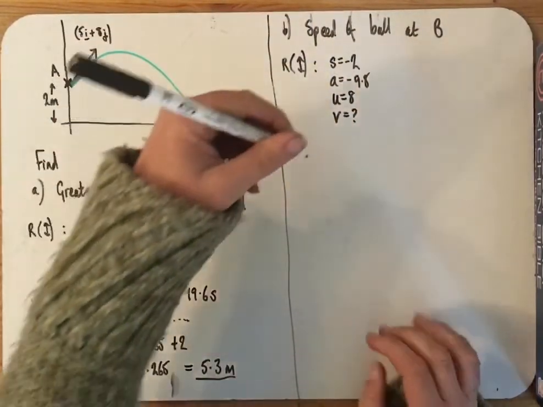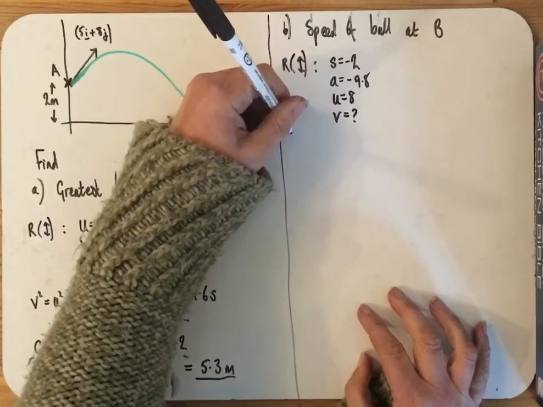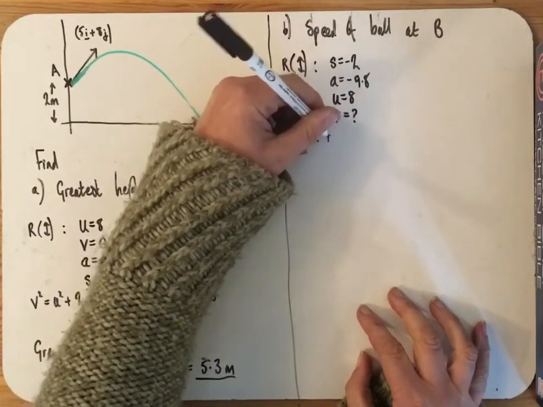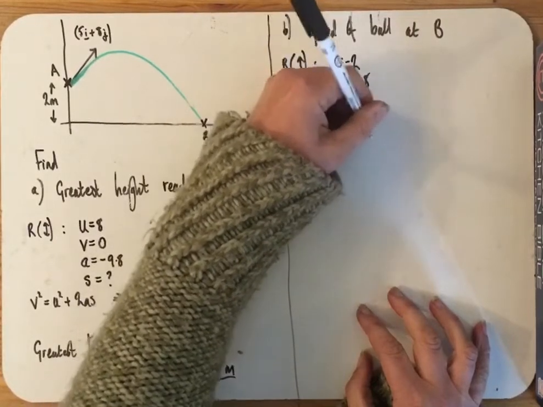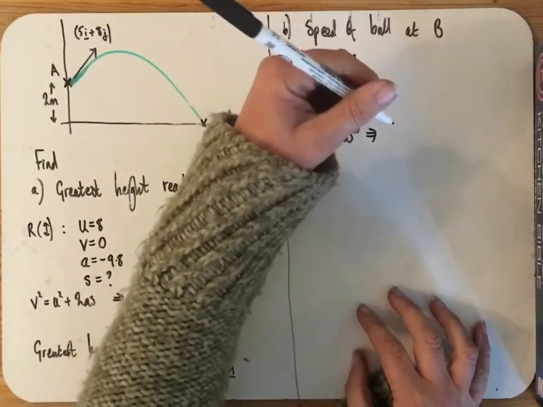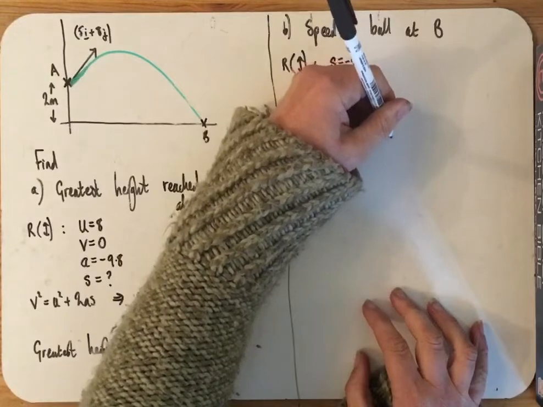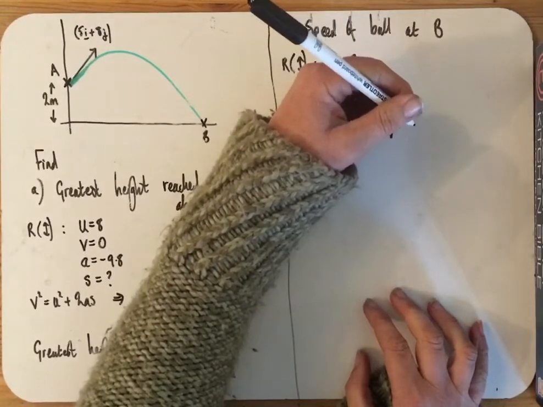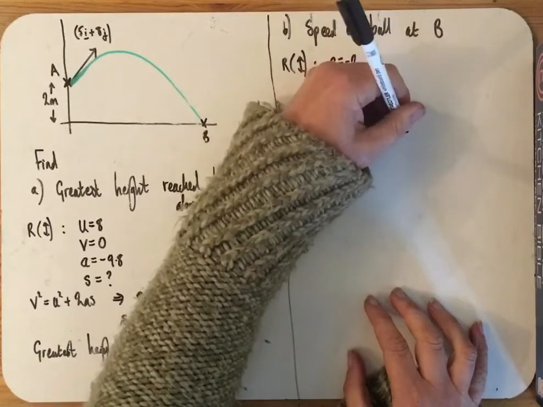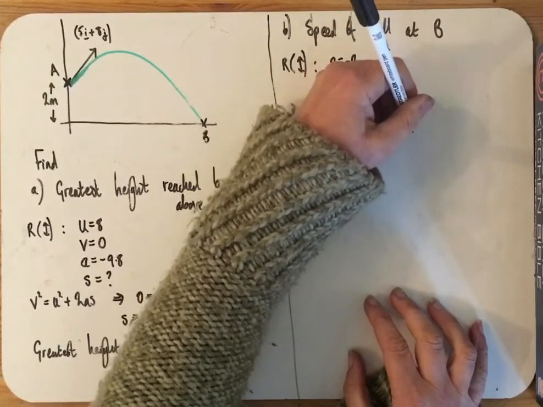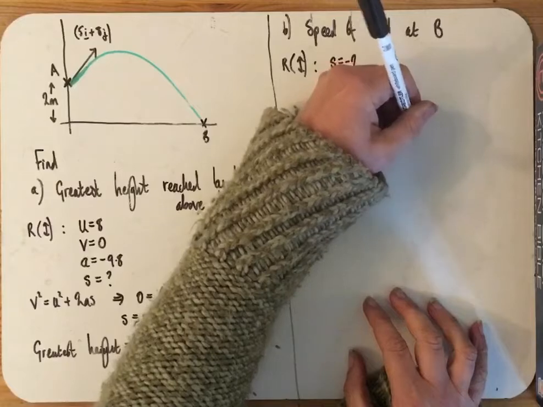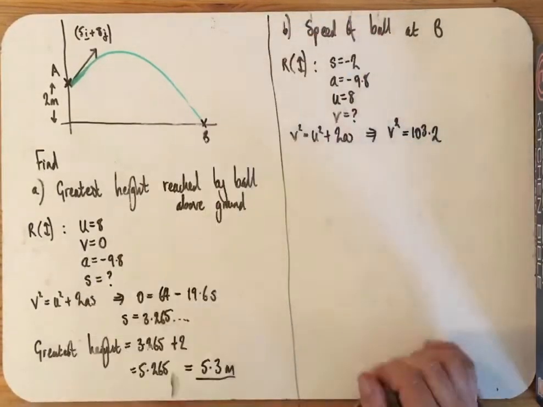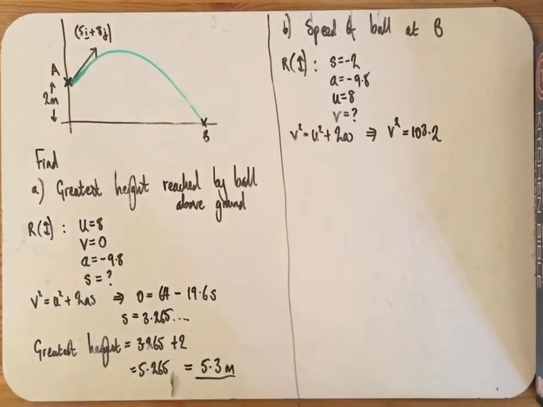So it's v squared equals u squared plus 2as again. So from there, you get v squared is equal to 103.2. You can square root that to get v.